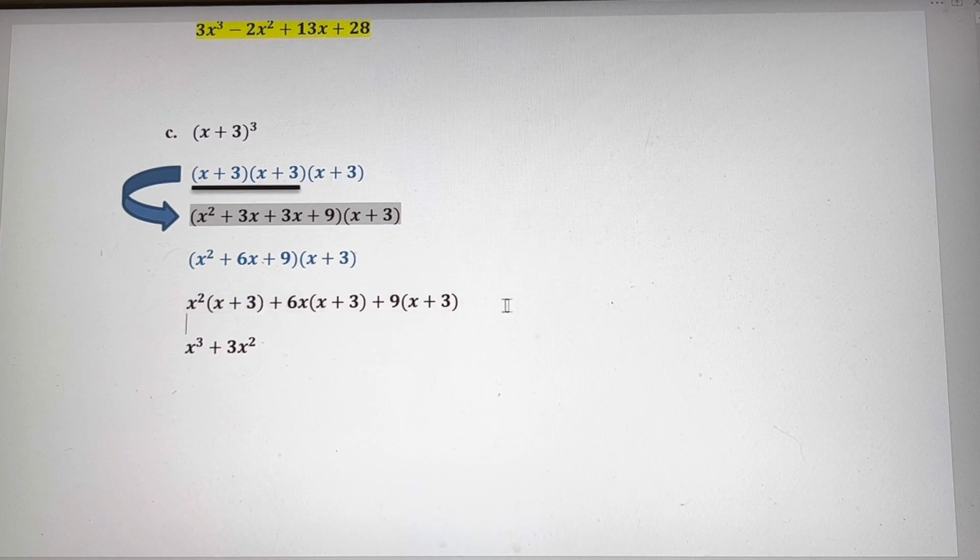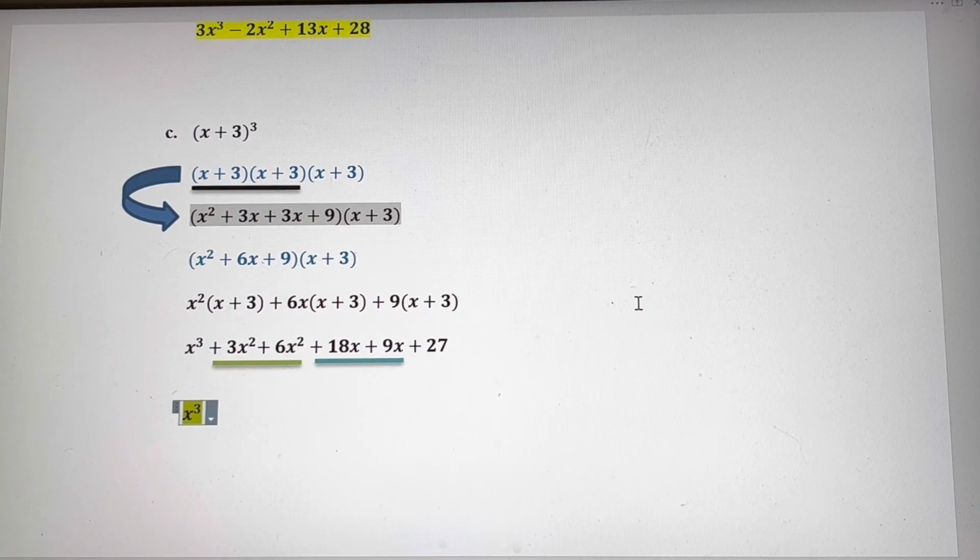When I distribute here, I get 6x squared plus 18x. And when I distribute the third time, I get 9x plus 27, okay? Combine like terms again, the x squareds and the x's. Let's bring down the others. So my final answer is going to be x cubed. Combine these, I get positive 9x squared. Combine these, I get positive 27x. And bring this down for the final part of my answer, okay?